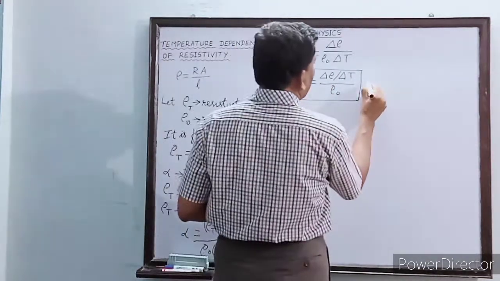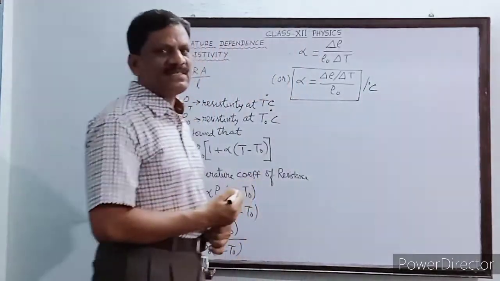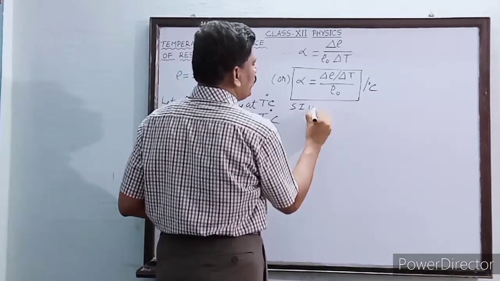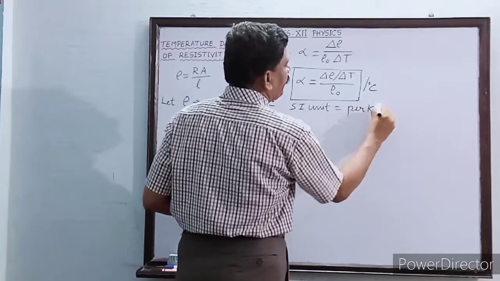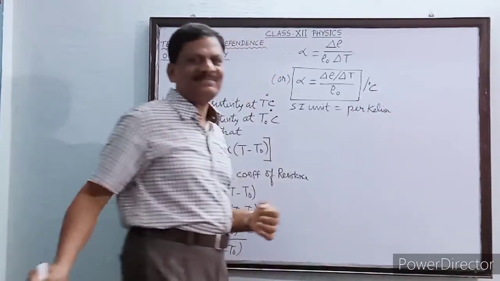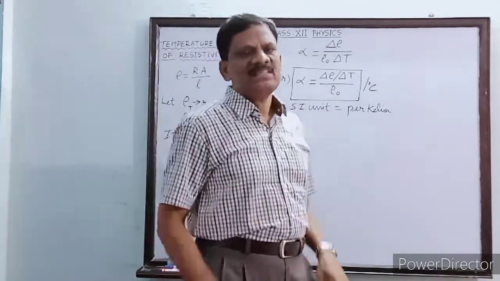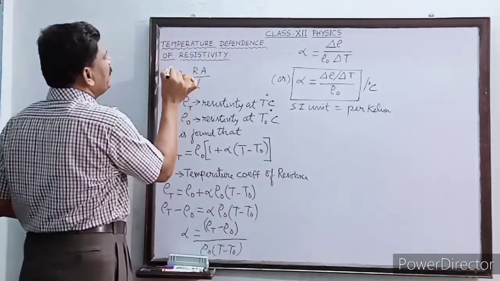Therefore, its unit is per degree Celsius. But Celsius is not the SI unit. So the SI unit is per Kelvin. Understand? So the commonly used unit is per degree Celsius.